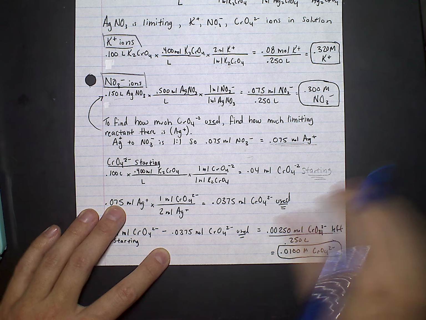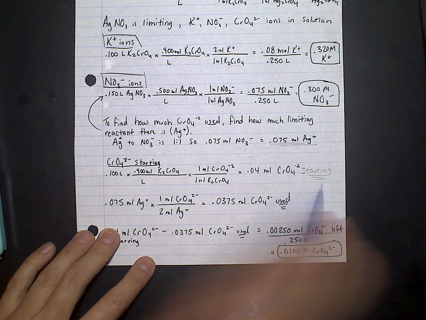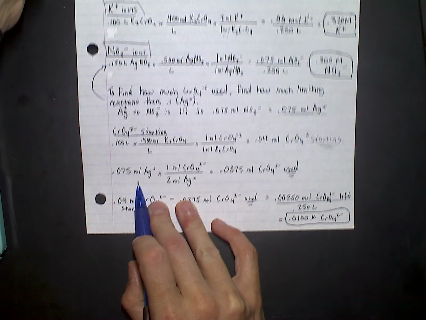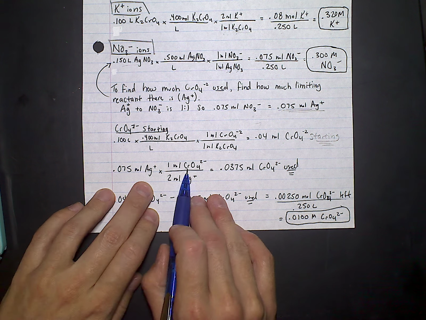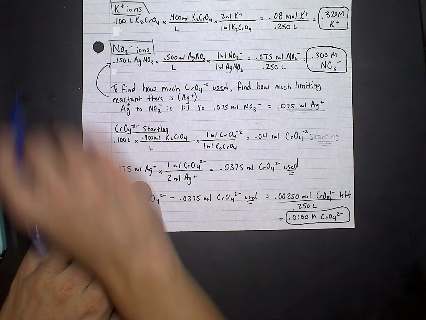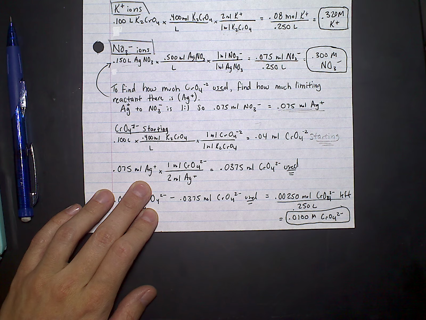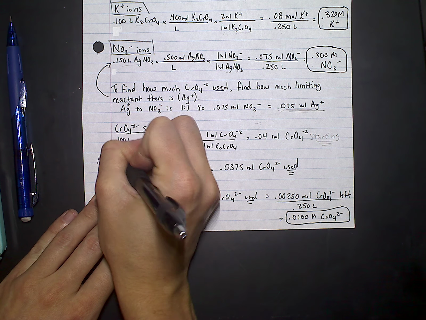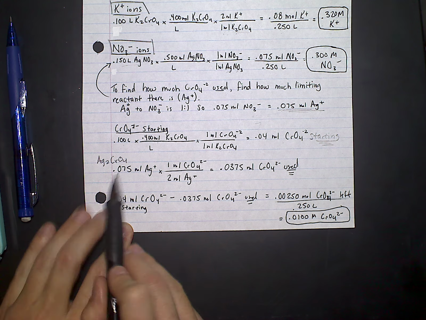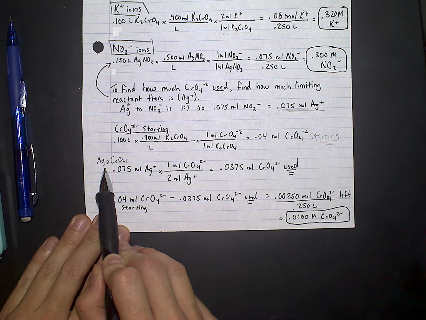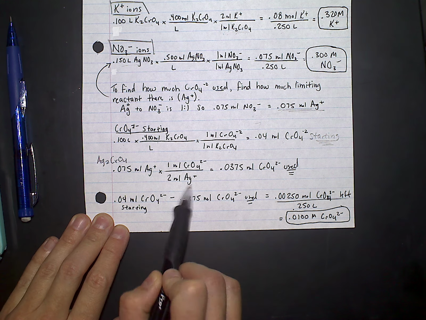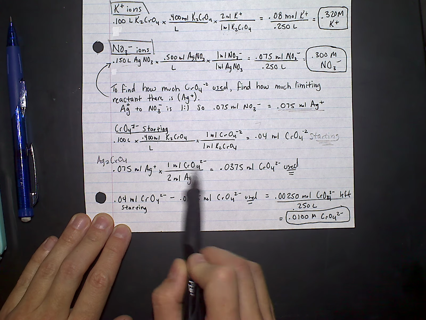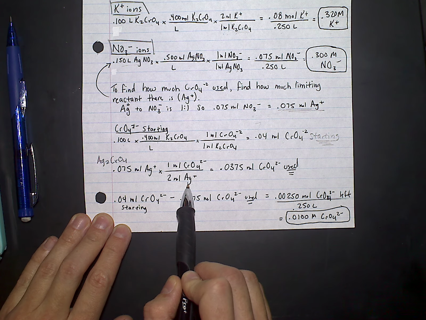Okay? So now that I know what I'm starting with, I take what I have of the silver, and I take a look at the mole ratio, and this is in the solid product, okay? The solid product is Ag2CrO4. So in the solid product, I have a 2-to-1 ratio of silver to CrO4, which is why I have this ratio the way I have it.